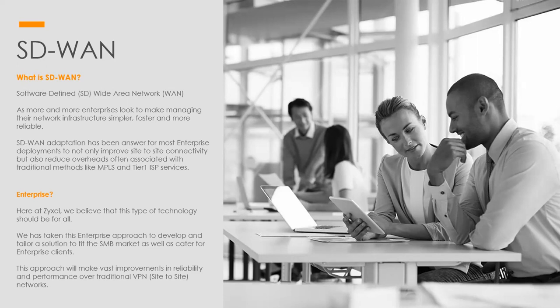It's basically for businesses that have multiple physical locations and they need a dedicated high quality connection between those locations. A very common application is doing voice over IP, where you've got one central server at the main office and all of your remote offices connect back to that main server for the voice functionality.